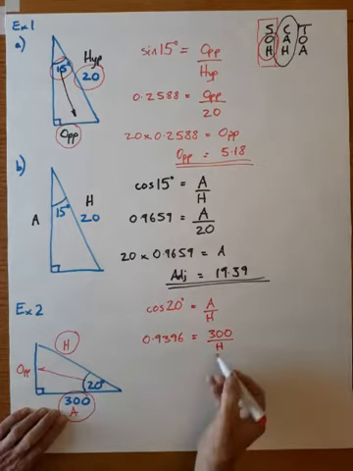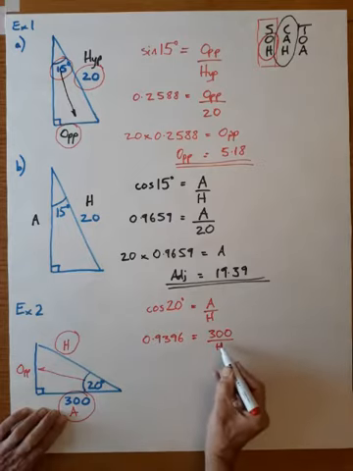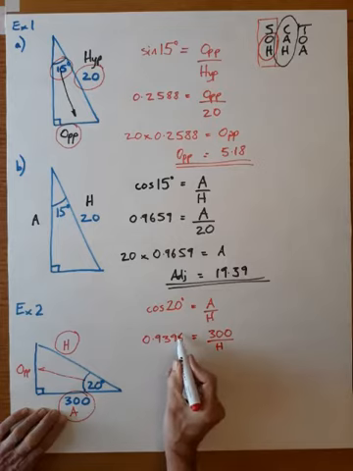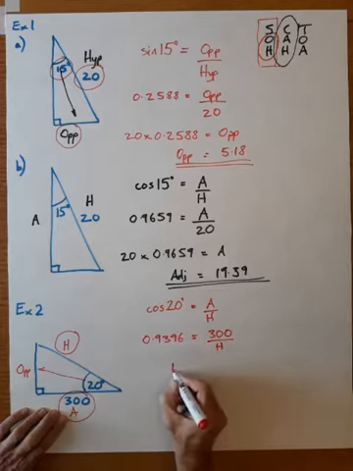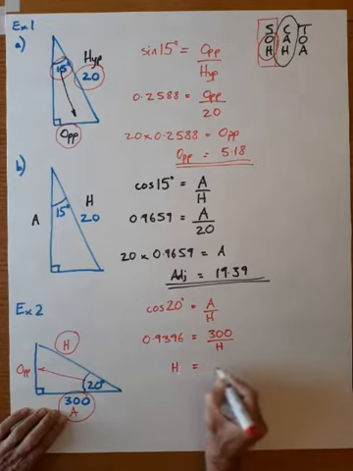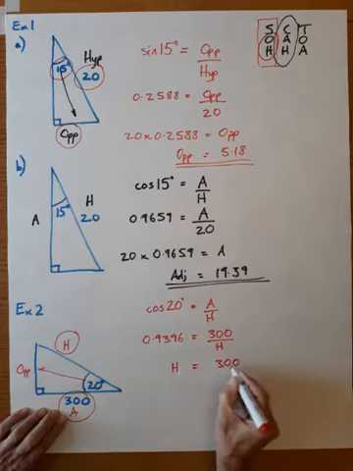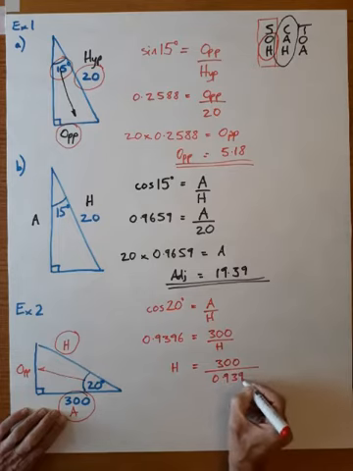So we can transpose this. We want the H to go to the top line, and then this will go back underneath. So the next line will read H equals 300 over 0.9396.